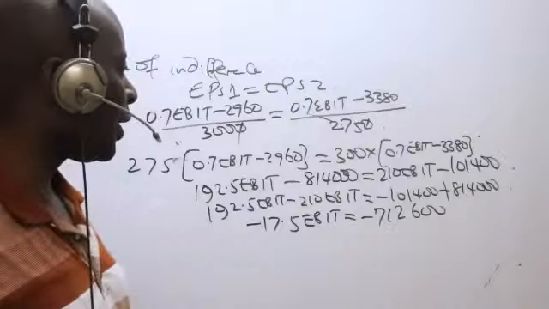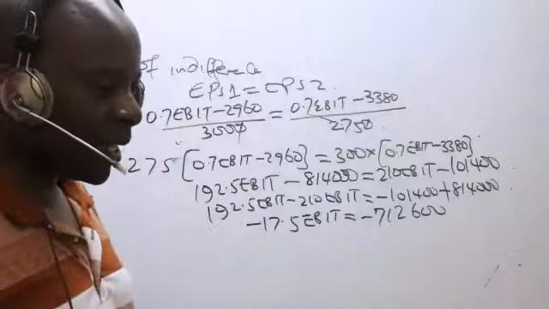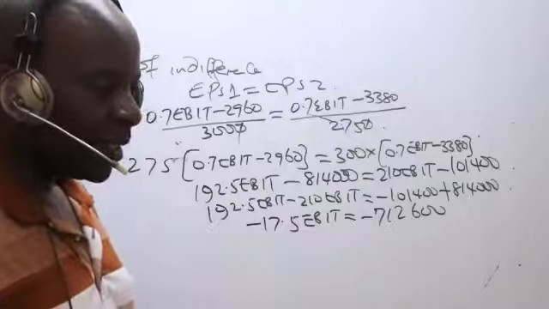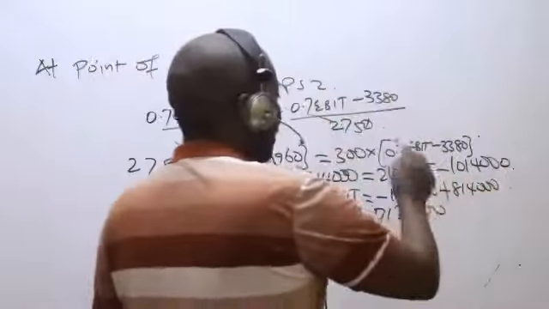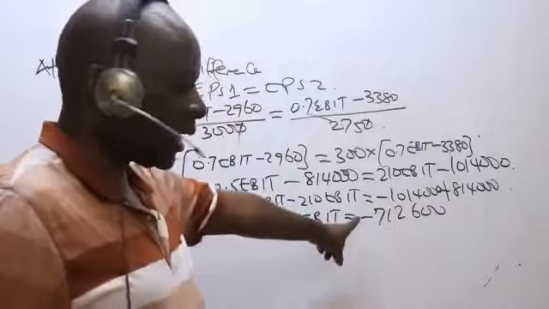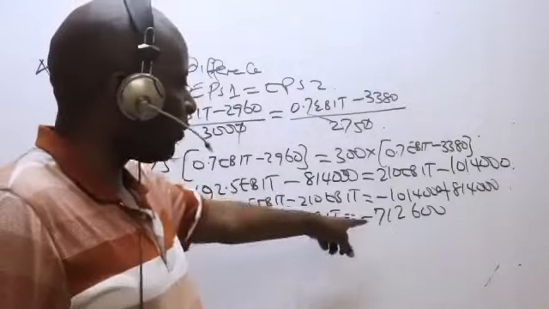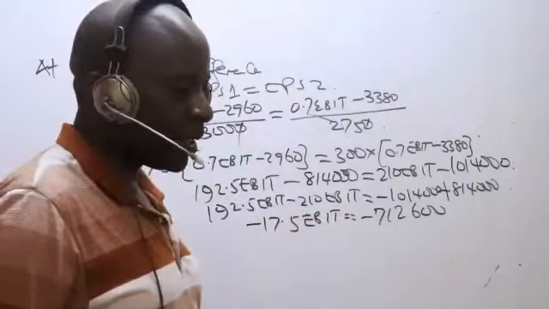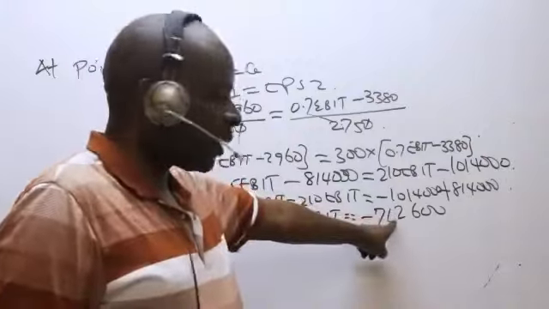In my case, I canceled a zero, and I'm being told it's 1,014,000. So this should be 1,014,000, and then this should be negative. Is this answer correct?